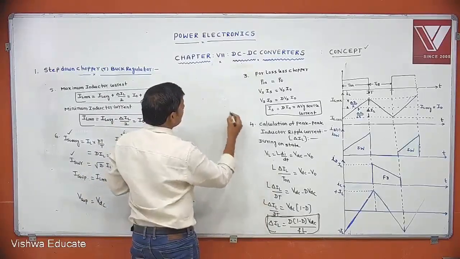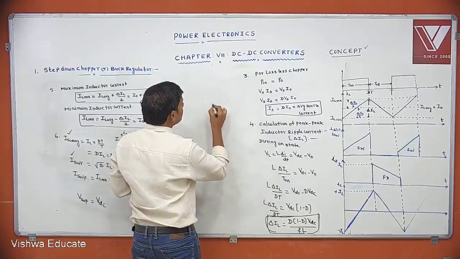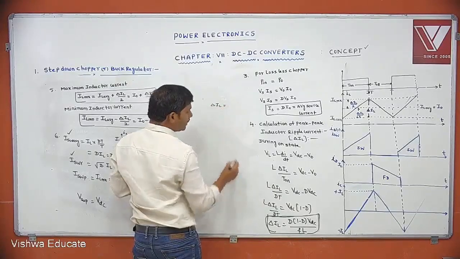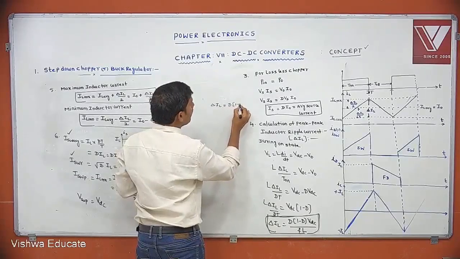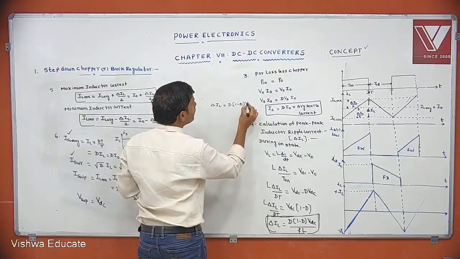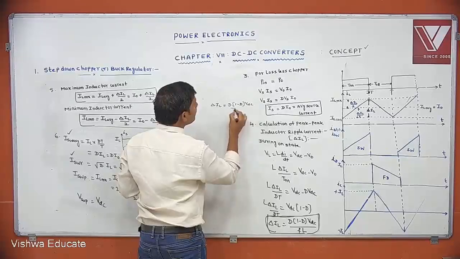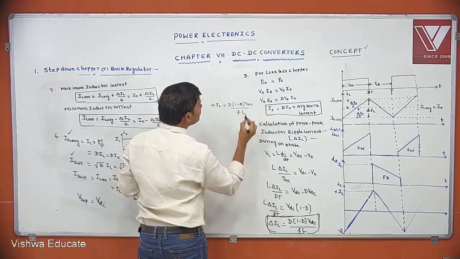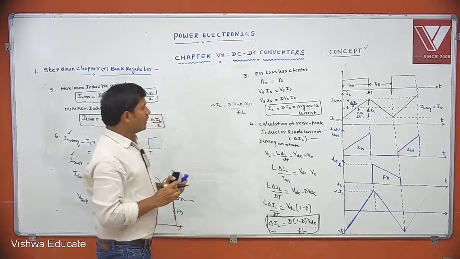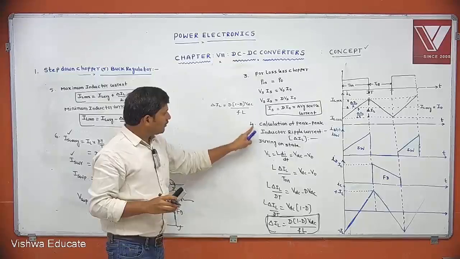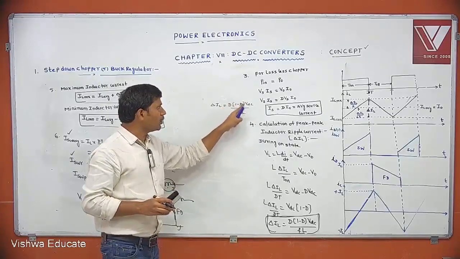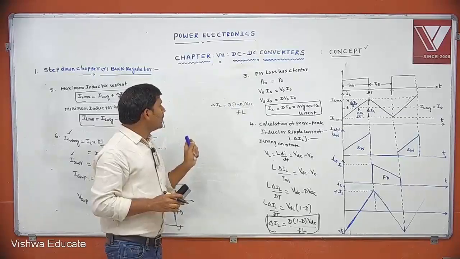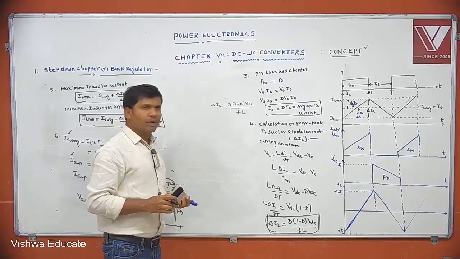For the peak to peak inductor current, this formula I already gave: delta IL equal to D into 1 minus D into VDC by FL. You note this down in the fourth parameter.